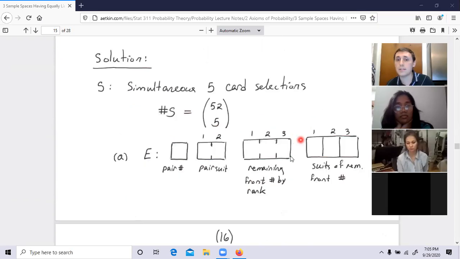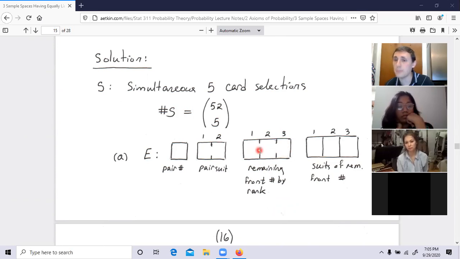Now, what is the information about the remaining front numbers? I have another 12 numbers available to me, and out of those 12 numbers, I need to choose 3 numbers. I will list those numbers in order from smallest to largest. They cannot be the same number, yes?